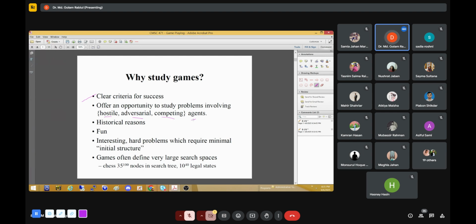Designing the agent for those games is really difficult, like chess. If we think about a chess game, you have to think about 35 to the power 100 nodes in the search tree, and 10 to the power 40 legal states. We will discuss what we usually call the search tree and the legal states.